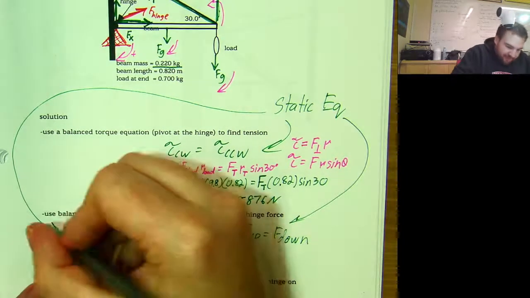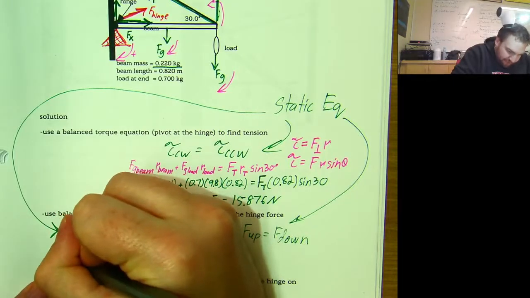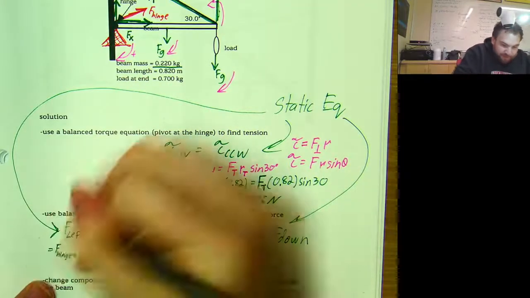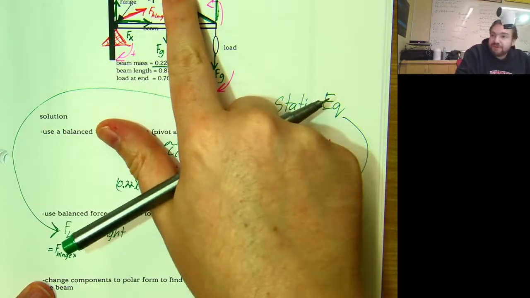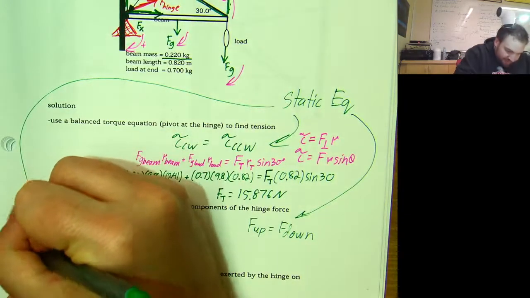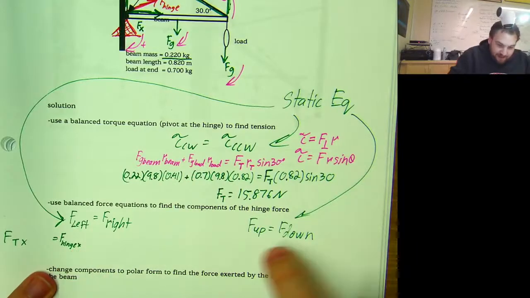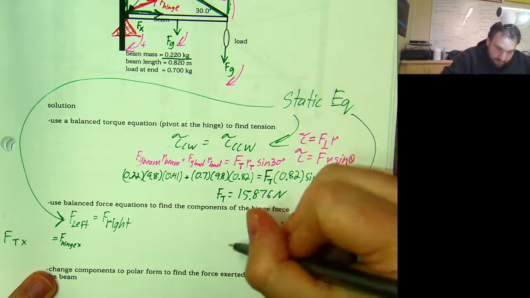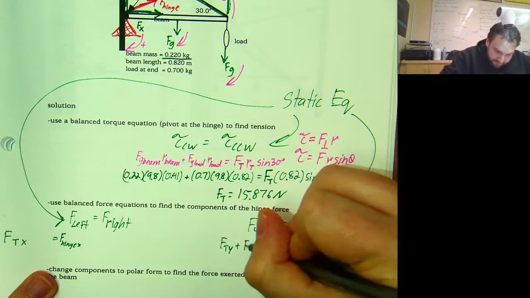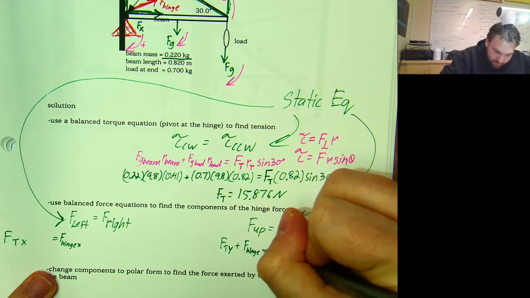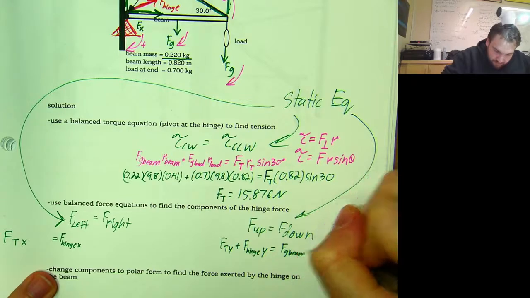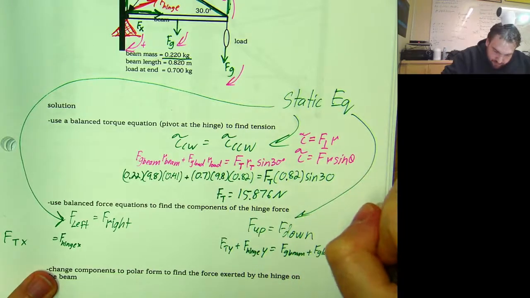So left equals right: F hinge X is a rightward facing force, and my leftward facing force is this force tension X. So force of tension X equals my force of hinge X. And then up and down, upward is force of tension Y plus F hinge Y, equals two downward forces, FG beam plus FG load.